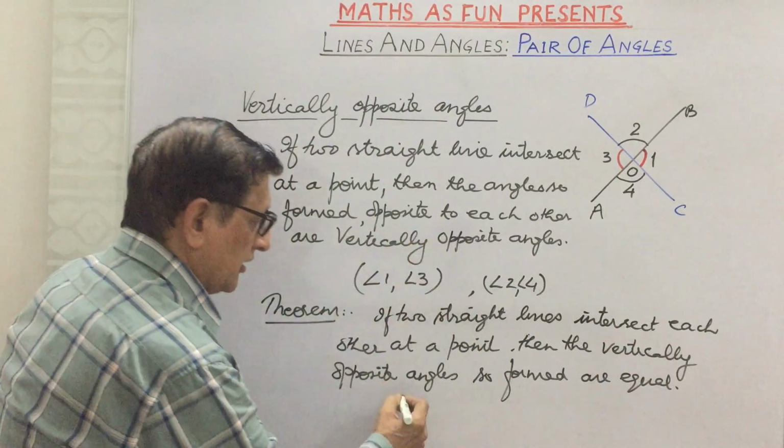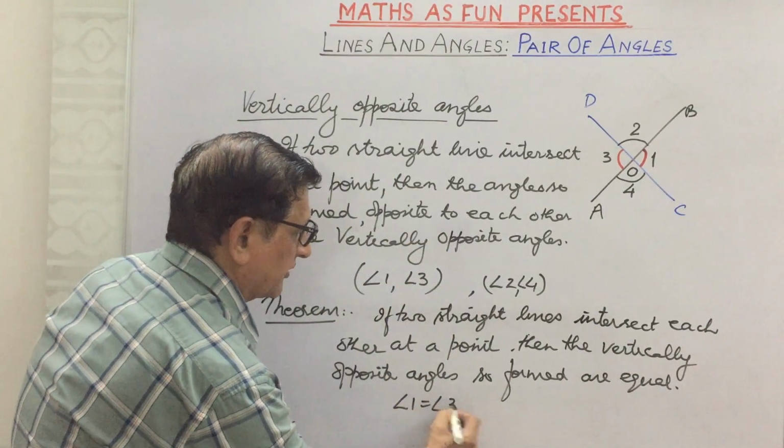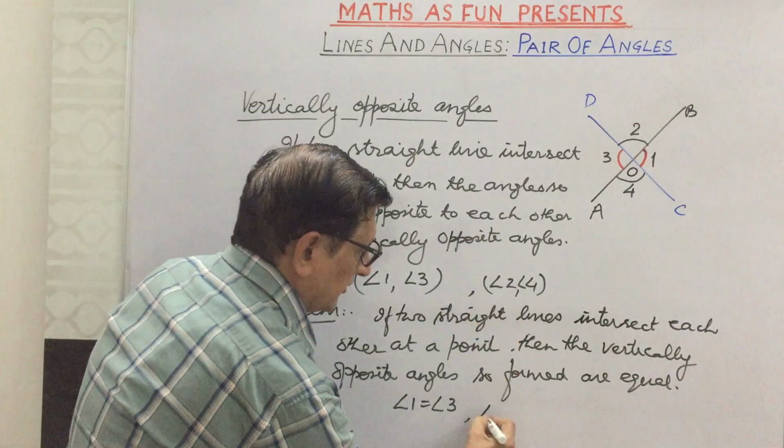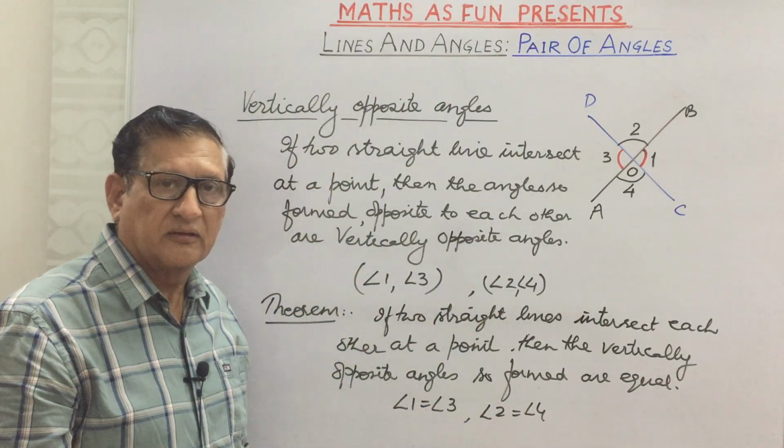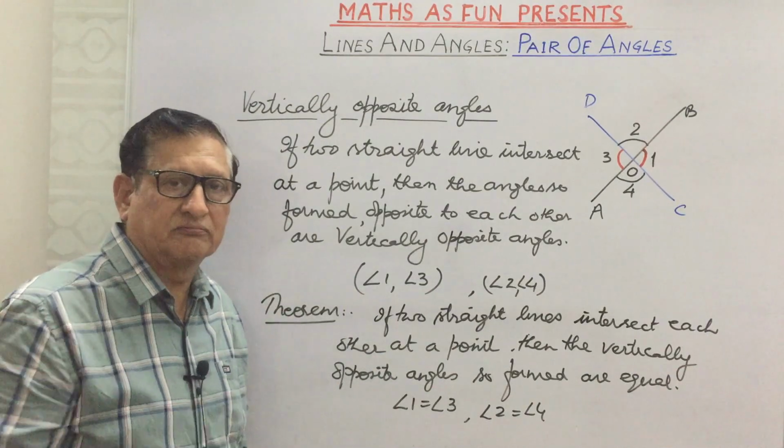It means what here? Angle 1 is equal to angle 3 and angle 2 is equal to angle 4. Let's learn about the proof of this theorem.